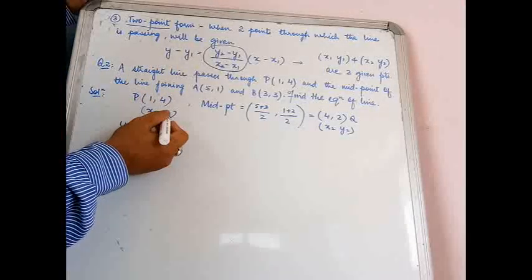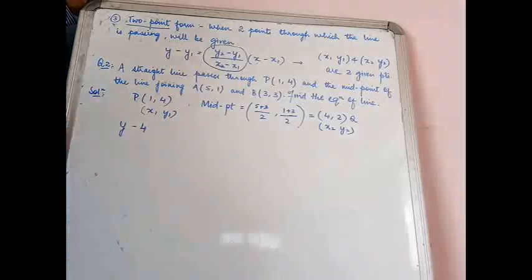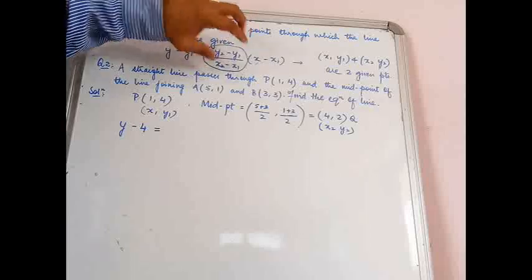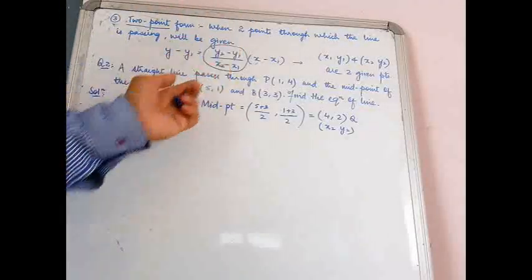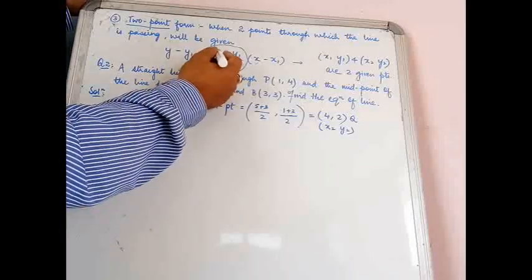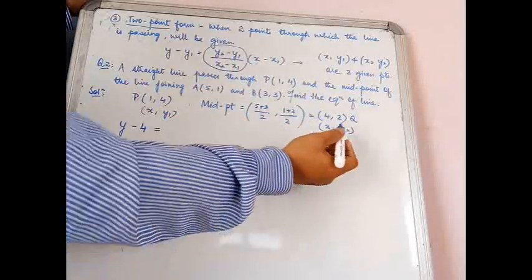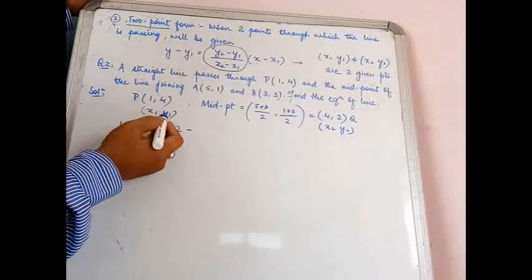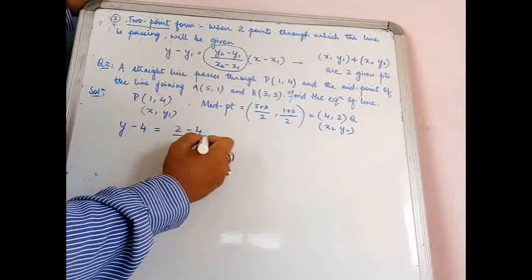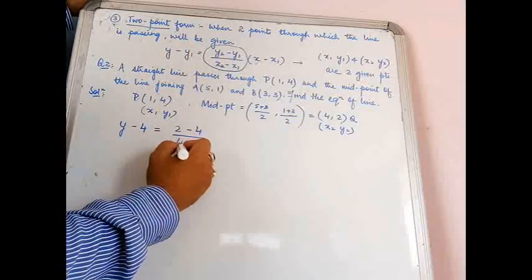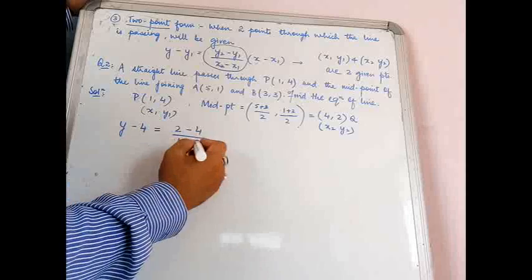So y minus y1. Now what is y1? y1 is 4. So y minus 4 is equal to, now this portion here is m, which is the slope. You can either take it out separately or you can put the values straight away over here. y2 minus y1: y2 is 2, minus y1, which is 4, upon x2 minus x1: x2 is 4 minus x1 is 1.